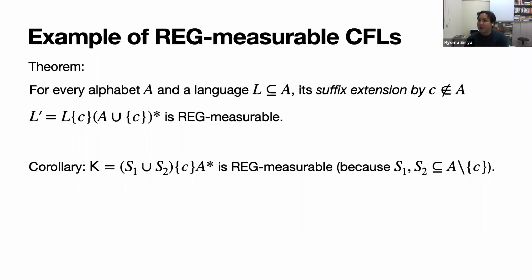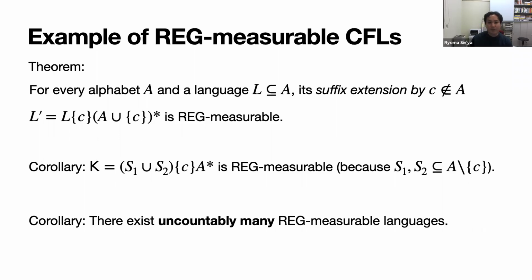This theorem tells us that there exist uncountably many regular measurable languages, like the situation that there exist uncountably many real numbers, where each real number can be represented as a convergent sequence of rational numbers.